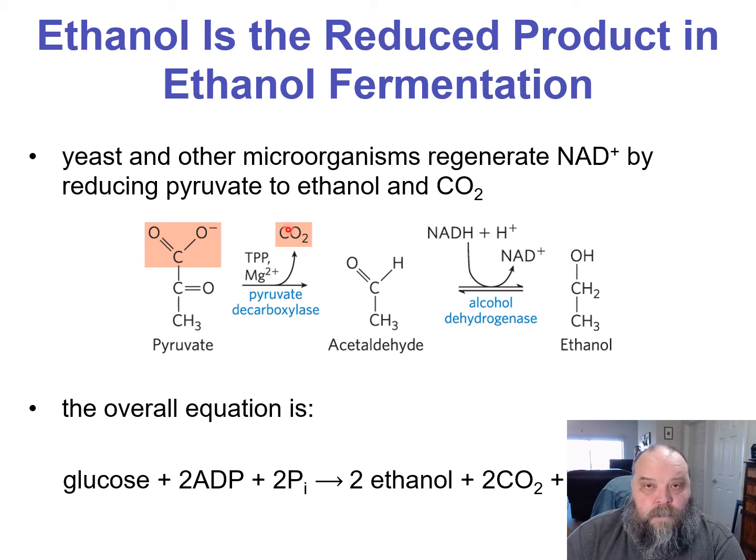I made the joke earlier in this lecture that this is the bubbles. Yeah, this is the bubbles in bread. This is the bubbles in beer, champagne. It's right there. Leaving you with 2 carbons, acetaldehyde. Well, this doesn't do you any good because remember, you're still maxed out here. All your NADs have been reduced. You're still stuck.